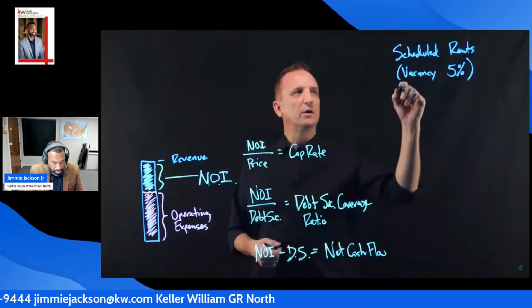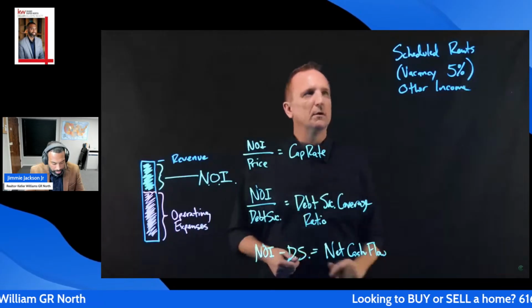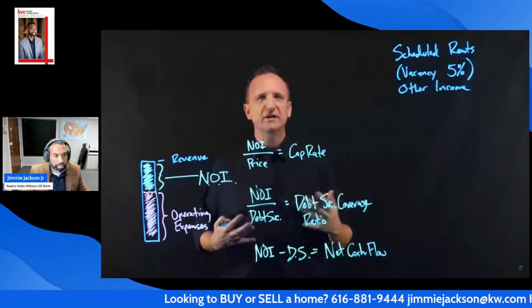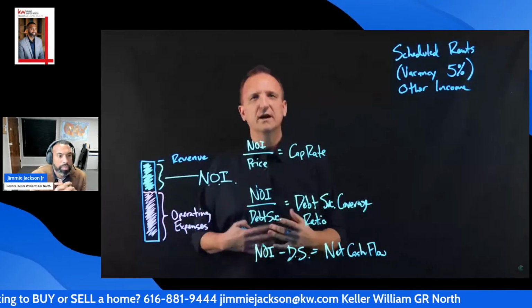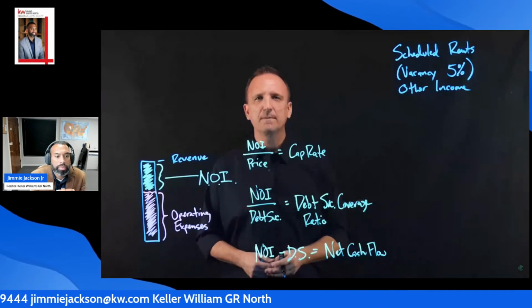From there, we also get other income. Other income can be laundry income, application fees, credit check fees, late fees, non-sufficient funds, anything that isn't part of the rent roll but is still income to the property.